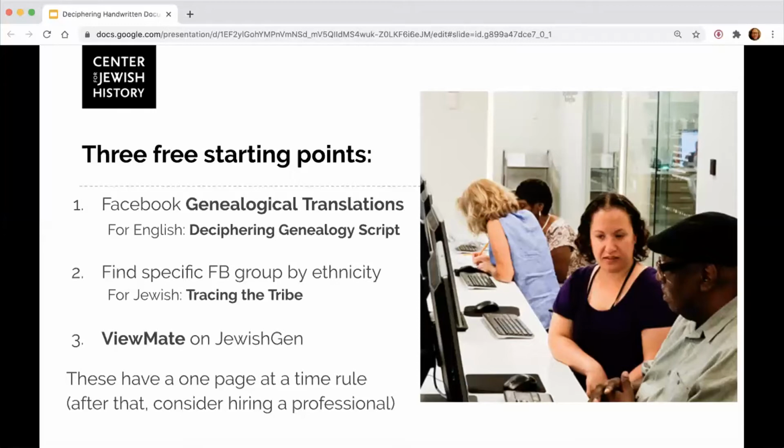Another option, if you don't want to use the Facebook groups, is JewishGen. If you're doing research on that website anyway, there is a section called ViewMate, and I'll show you some screenshots of that in a second.